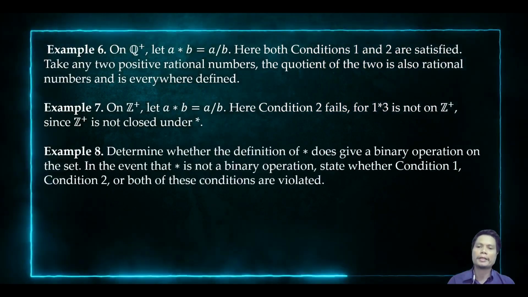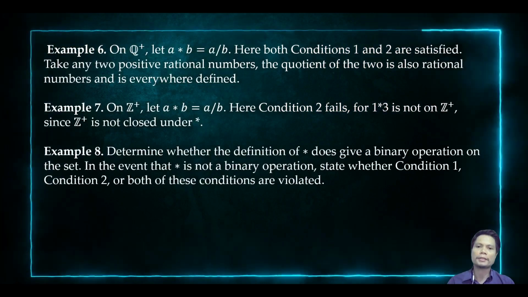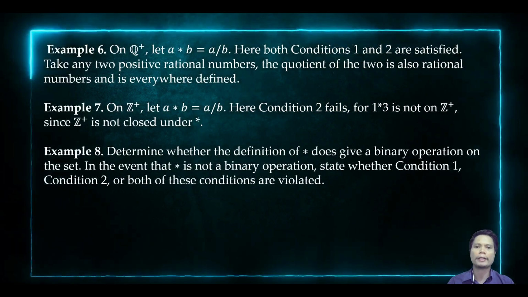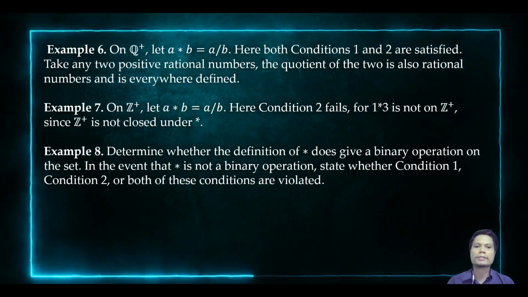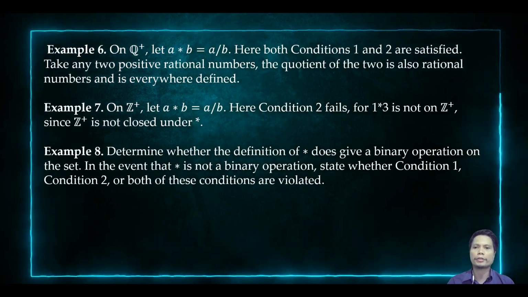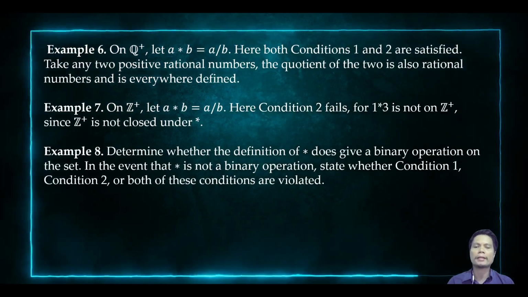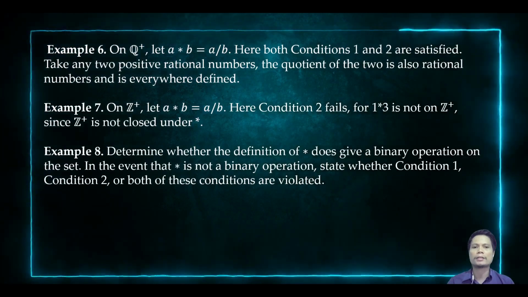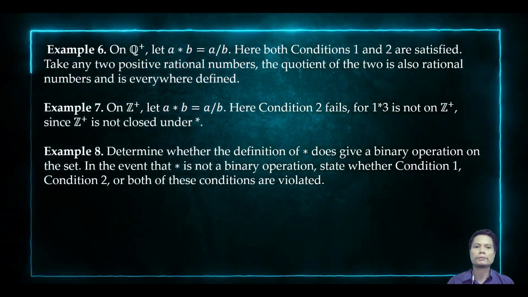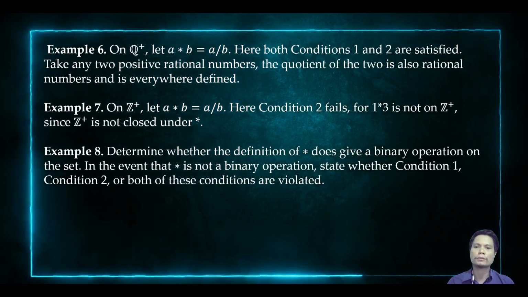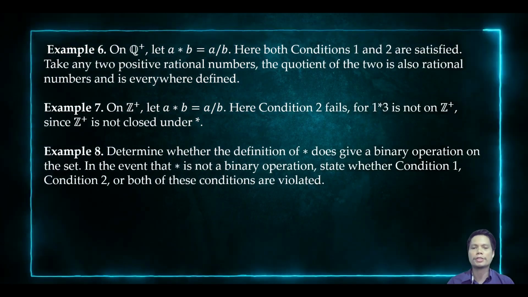Example number 8, determine whether the definition of binary operation does give a binary operation on the set. In the event that it is not a binary operation, state whether condition 1, condition 2, or both of these conditions are violated.